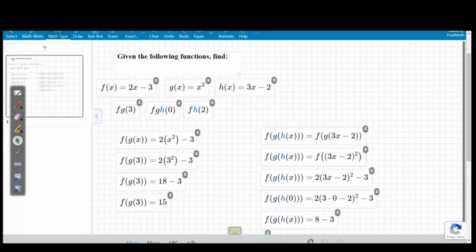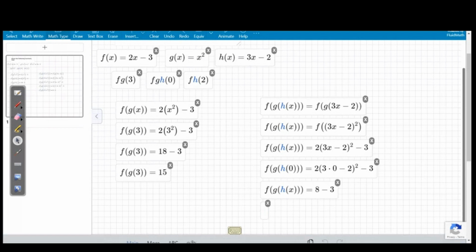So f of g of h of 0 is equal to 5. Wow. It is just a matter of plugging in and plugging in and plugging in. Very good.